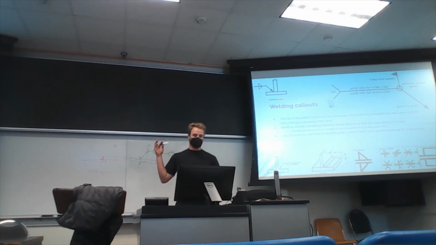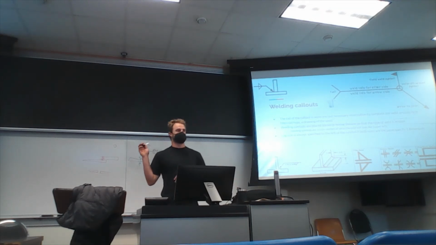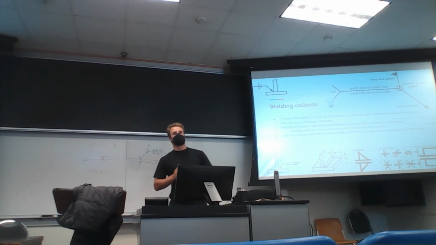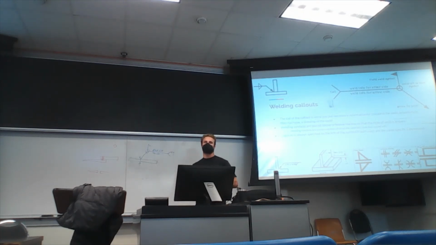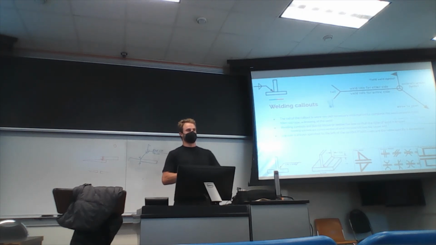If you don't put anything there, it is up to the shop's discretion how they want to weld it, what they think will be the best weld for what the project calls for. So if you want complete control over the process and how it is welded, you need to put information there. You can even put little pictures for how you want your weld to look. So a little tiny engineering drawing for the weld.